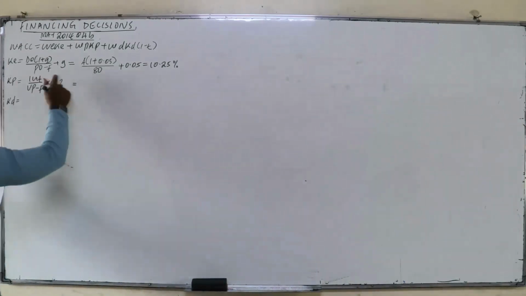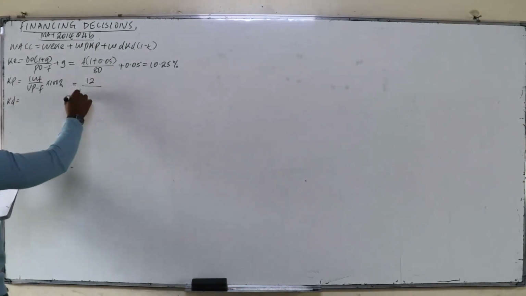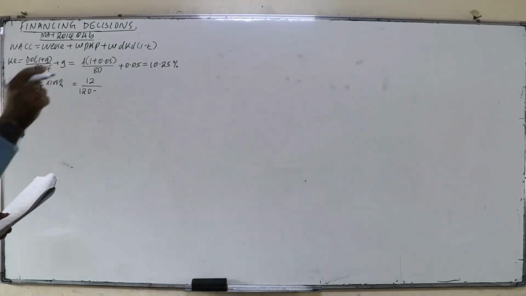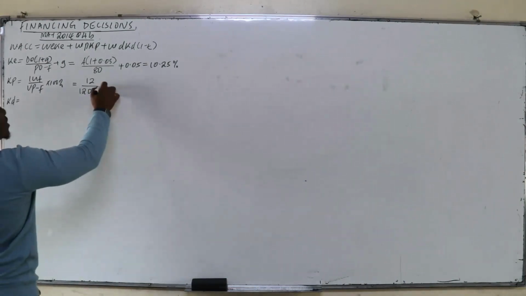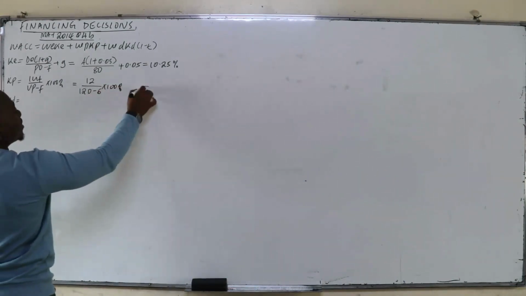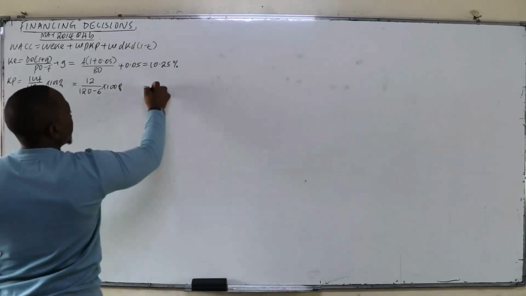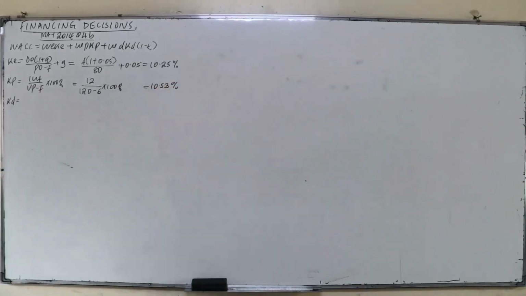So the dividend is 12, and the value of the preference will be 120, with a flotation cost of 6. So what do we get? 12 over 114 times 100, which is 10.53%.